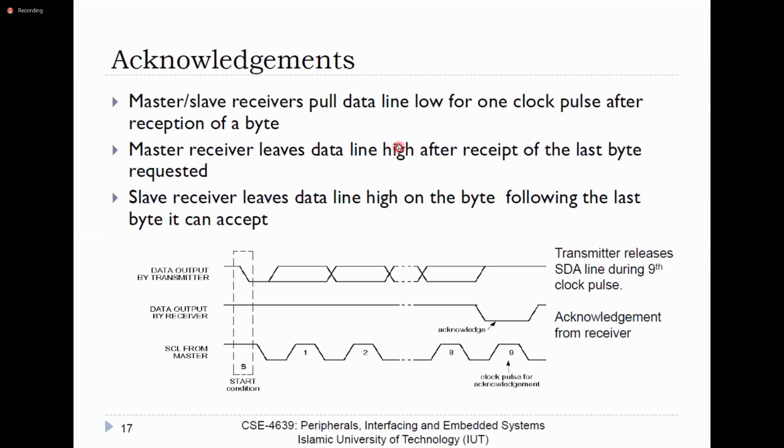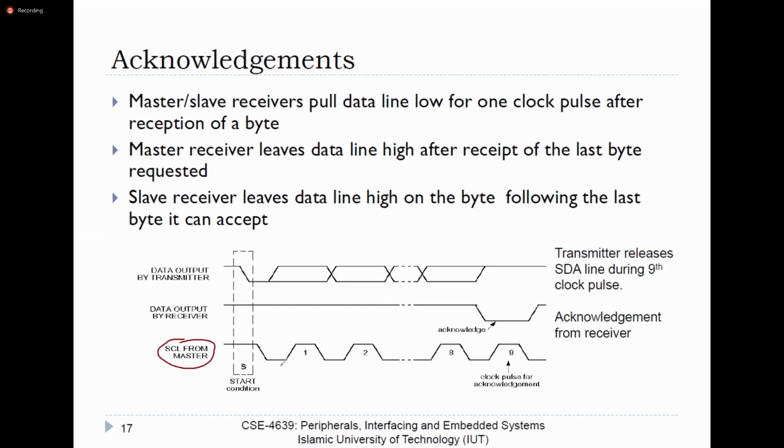Okay, I think I covered up to the last slide last Friday. So the new part today is that after sending the data or any address, one acknowledgement should be sent. First of all, the acknowledgement is sent through the data line. You can see that we have 2 lines.